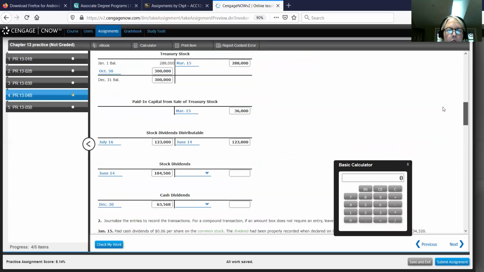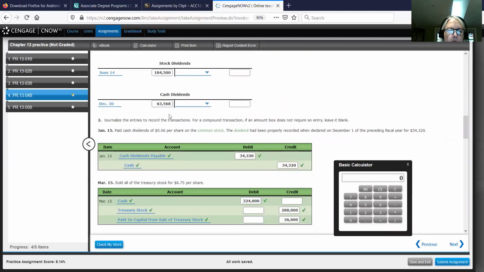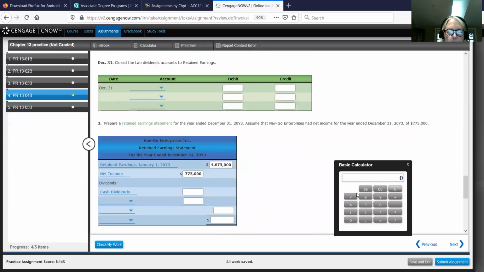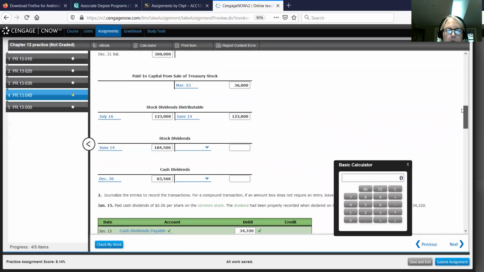And look at your ledger. The balance in the cash dividends account is $63,568. And we also had stock dividends. Our stock dividends account had a balance of $184,500.